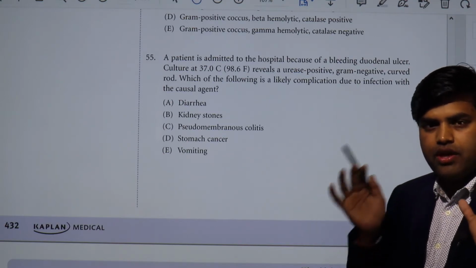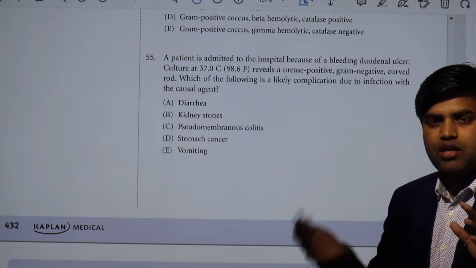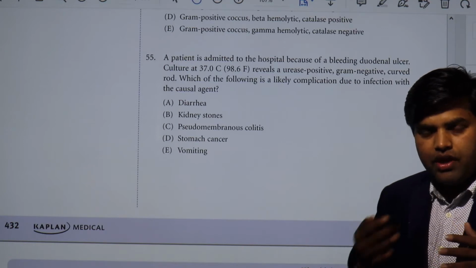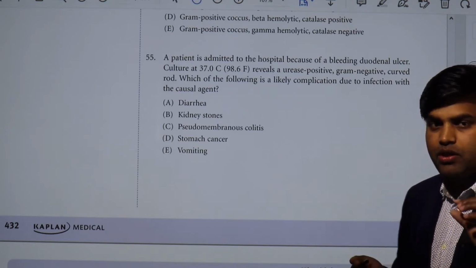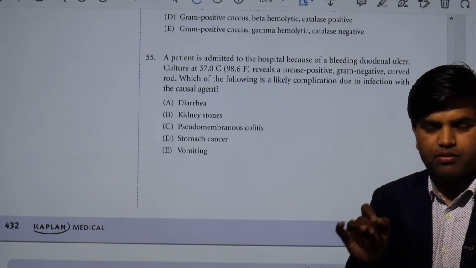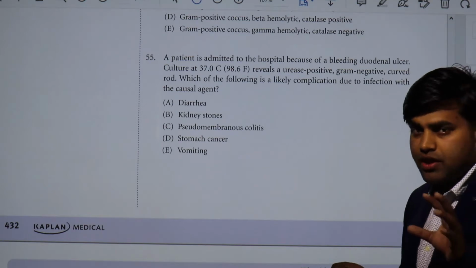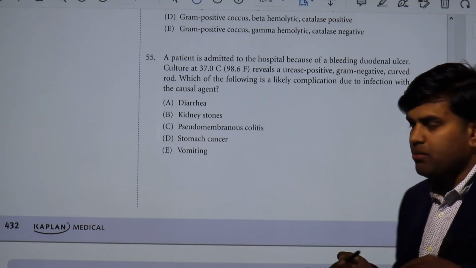The scenario tells you the diagnosis, you reach the organism, and then the last question asks you something else related to that organism, but not directly. They may ask you a primary, secondary or tertiary level of question. That is very important while dealing with USMLE questions.